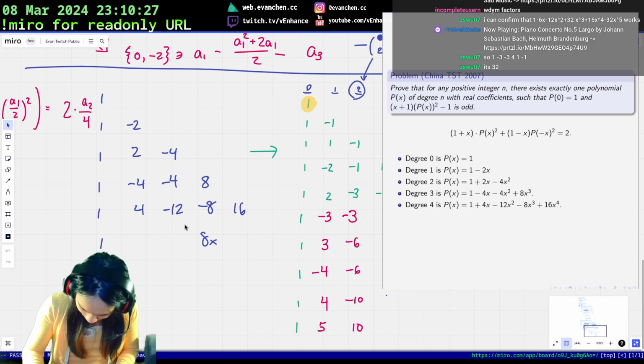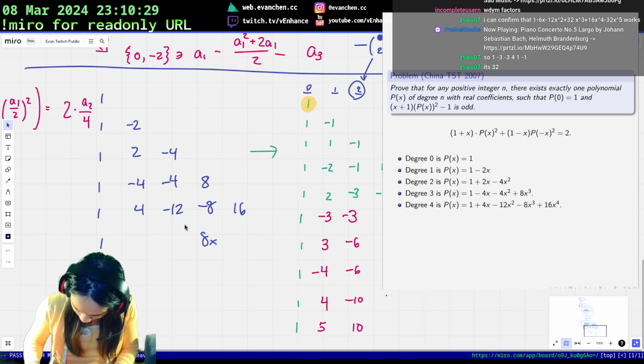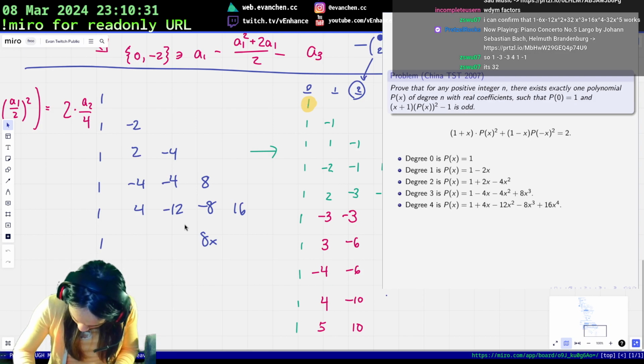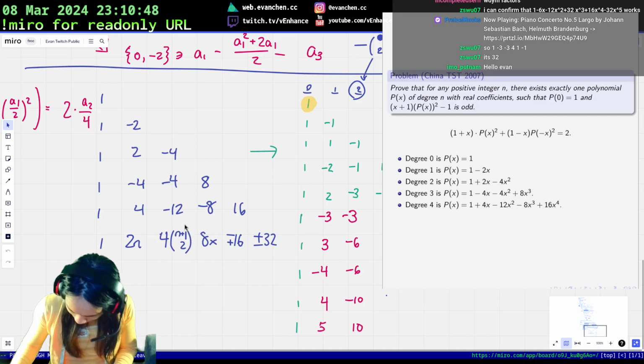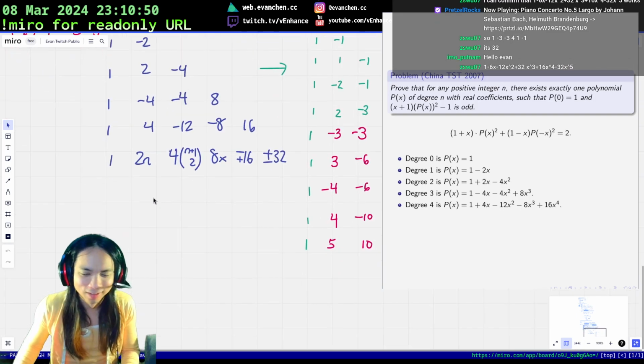Okay, this looks like it's plus minus 32. This looks like it's minus plus 16. We know this number is some n, and this number will be 4 times n plus 1 choose 2, I think.